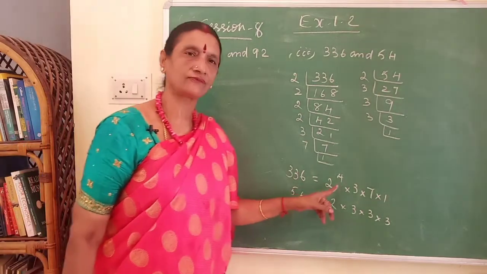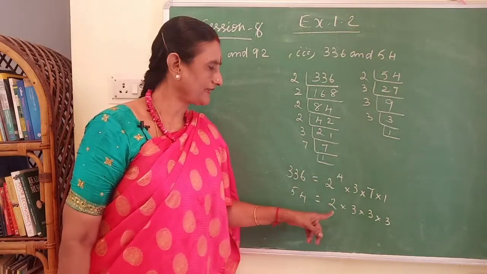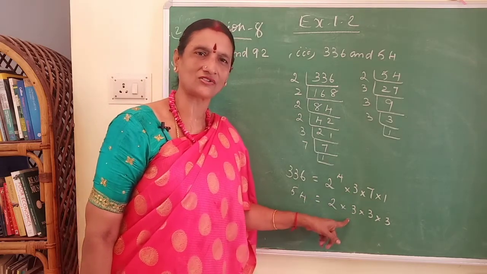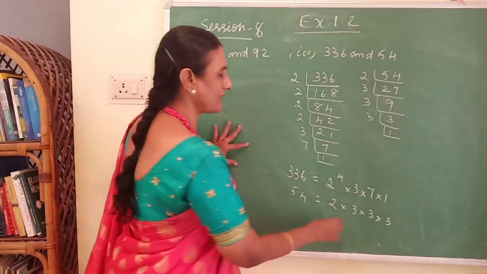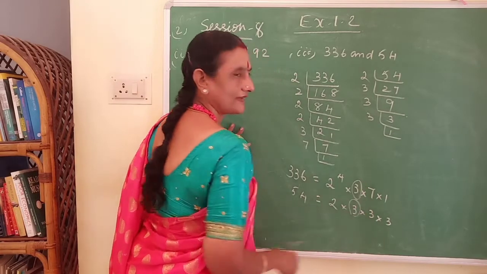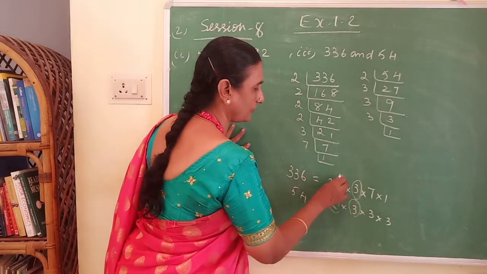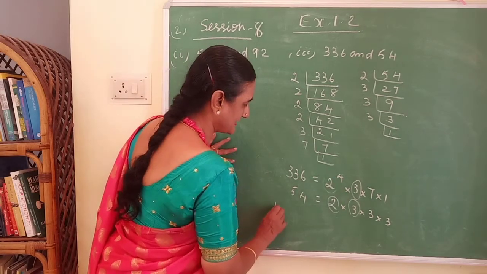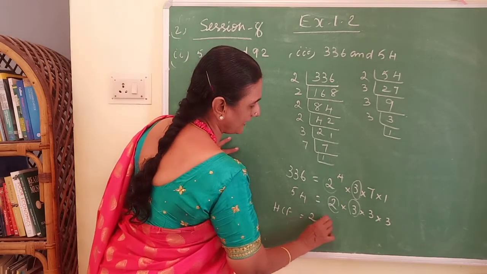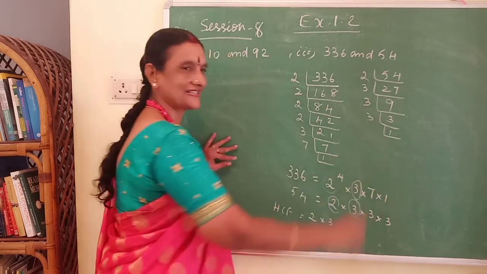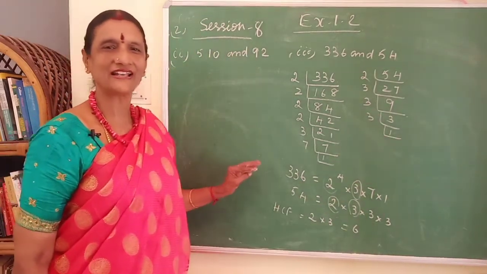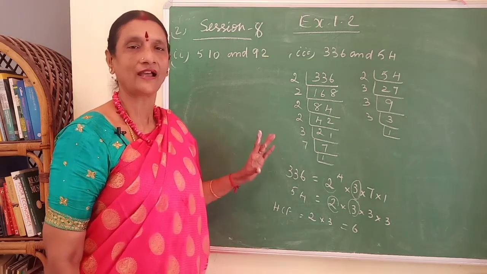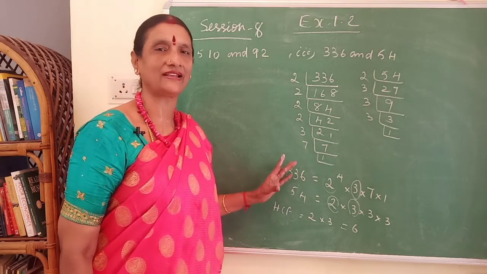So here there are 4 powers of 2, but here there is only 1 power of 2. And here there is a 3, here also 3. Therefore, 1 power of 3 is common, and also 1 power of 2 is common. Correct? Therefore, we take the HCF as the product of 2 and 3, which is 6. Are you understanding? Is it clear to you? The common factors you should take and then multiply, you will get the HCF.